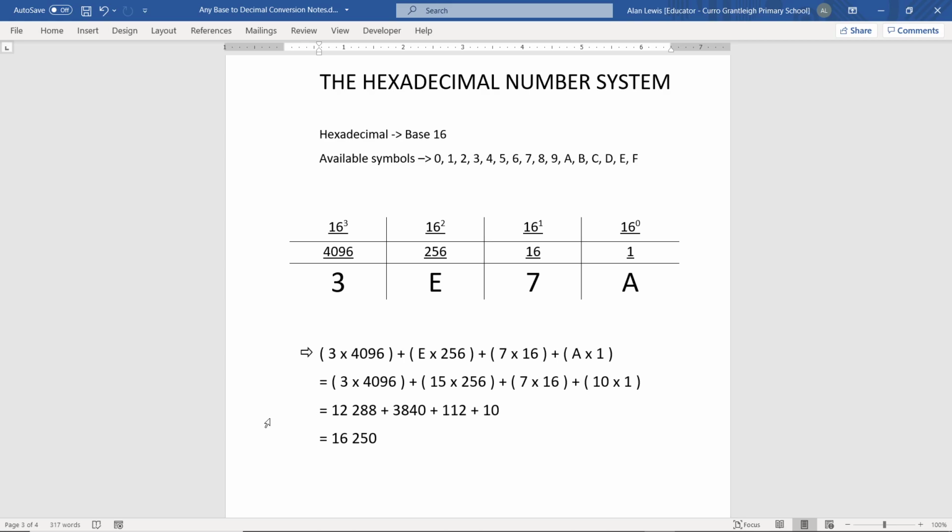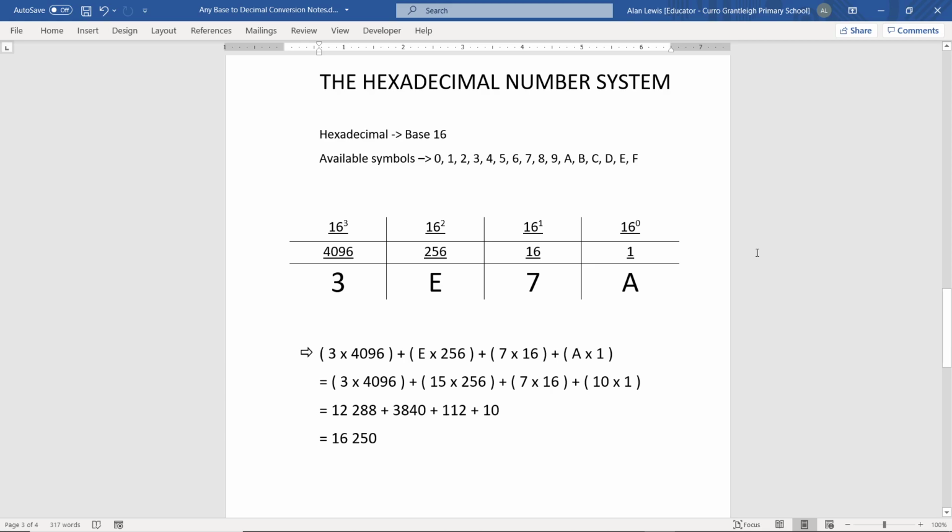And if you were converting an octal number, then your columns would be 1, then 8, then 64 because that would be 8 times 8, and next to that would be 8 times 8 times 8. So your columns would be in orders of 8, not 16 or 10 or 2 like we have done before.